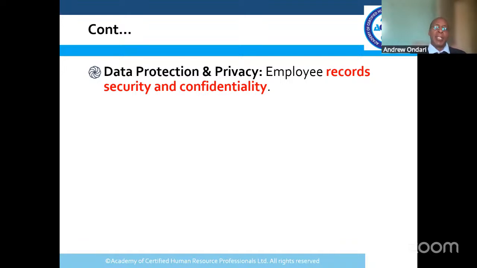Recently, I heard of a case where an employer made a wrong entry in their records.